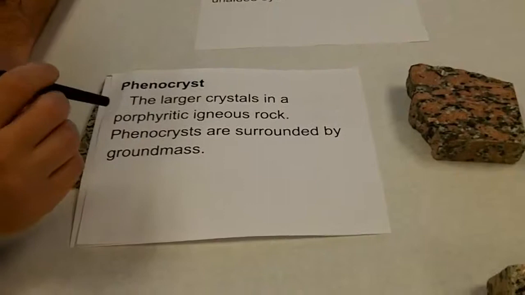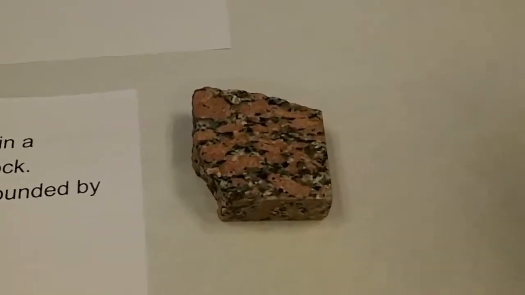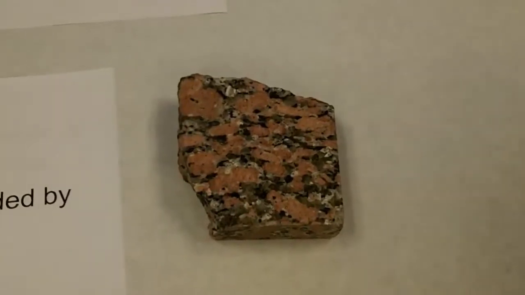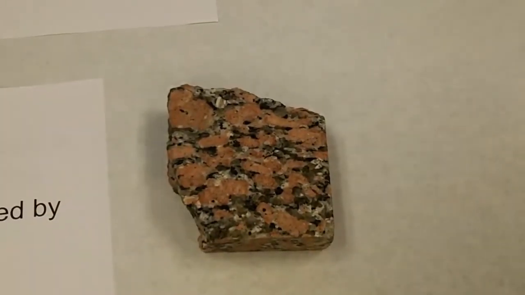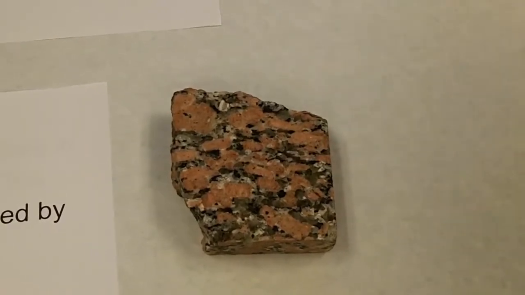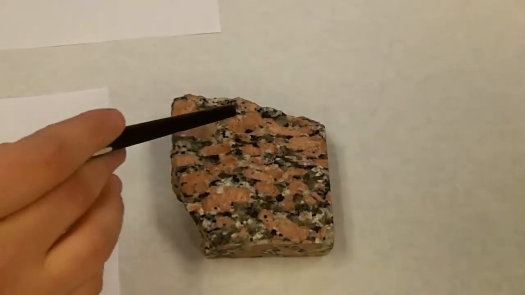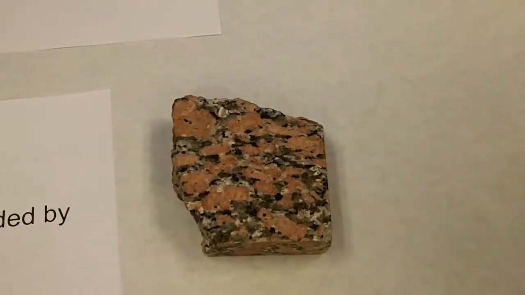Phenocrysts are surrounded by the ground mass. So which ones in that sample are the phenocrysts? In this sample here, which ones are the phenocrysts? Large crystals. The pink ones, right? So all these guys right here are the phenocrysts. That's all those guys.